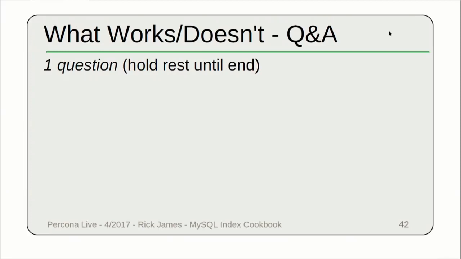Your point about prefix indexes, and saying that you don't recommend using them for VARCHAR. What about a situation where I have a VARCHAR 128, but prefixing, just indexing the first 30 characters, gives me 95% selectivity? Wouldn't it be useful to just index the first 30 characters?